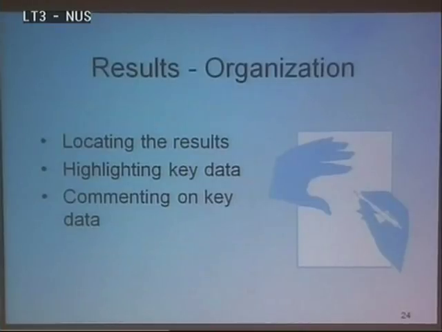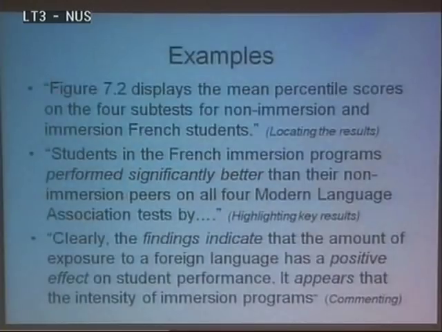So, results organization. How do you organize your results? You organize your results by locating your results, you highlight key data, and you comment on key data. Now, what do I mean by each of these? Let me give you examples. Actually, you'll be very familiar with these examples, especially those of you who've written journal papers. Figure 7.2, you're locating your data in this figure.